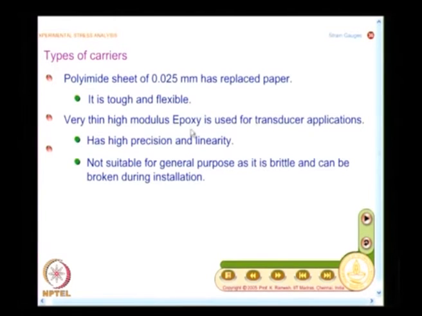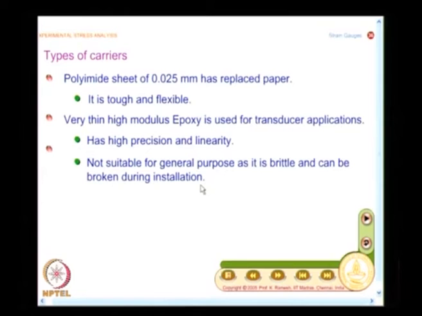And what is the advantage of epoxy carrier? It has high precision and linearity. And for general purpose it is not suitable. Why is it not suitable? Because epoxy is brittle, and if you do not know how to handle it properly, it can be broken during installation.